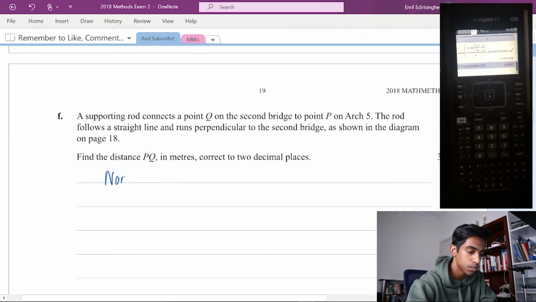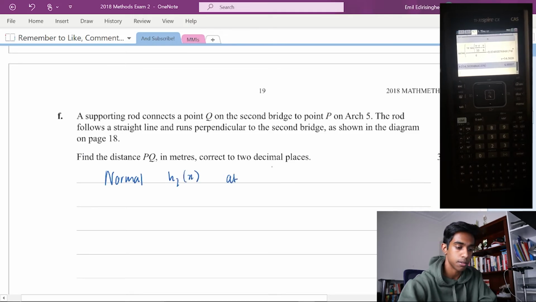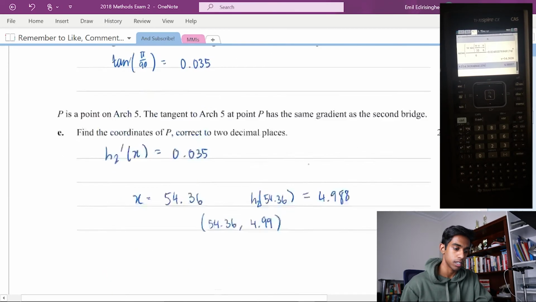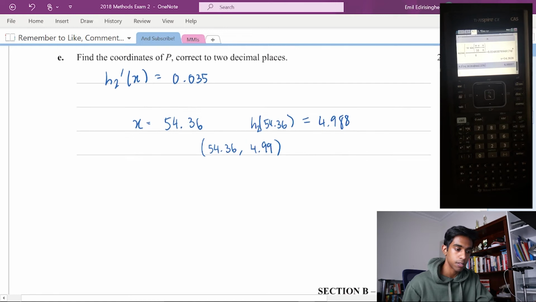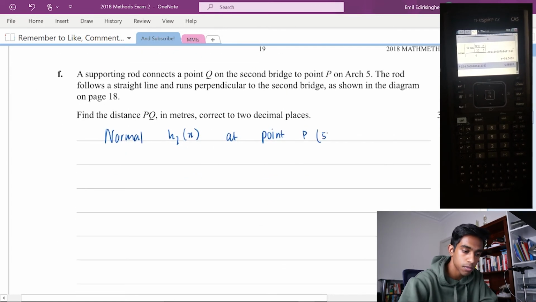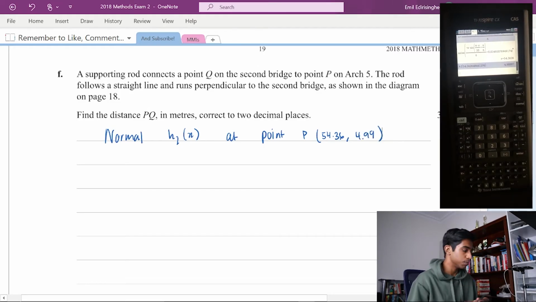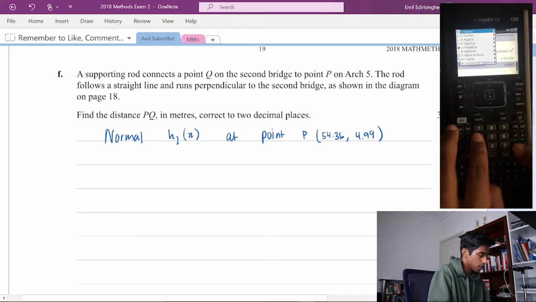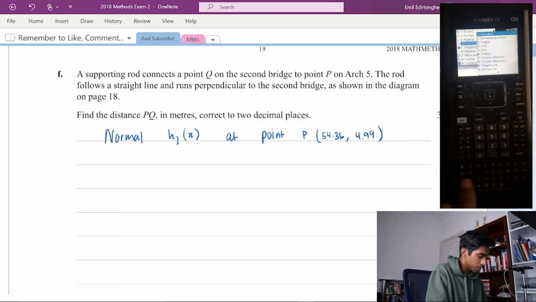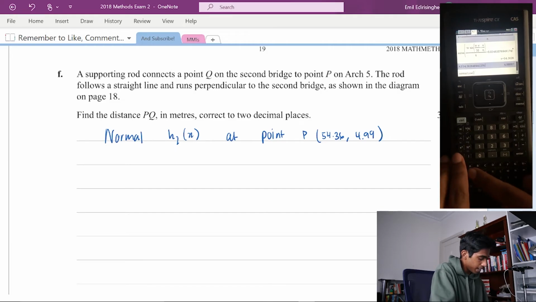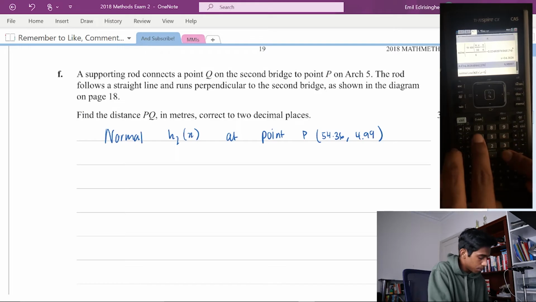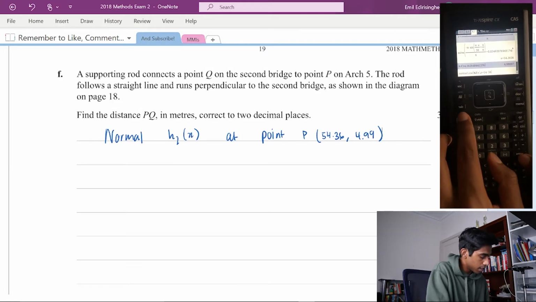So normal at point P. So then what we can do is we have this point P, 54.36, so we'll just write that out, 4.99. And then we'll essentially just put this into the CAS. So we're looking for a normal to H2 of X, comma, X equals 54.36, and then we'll press enter.